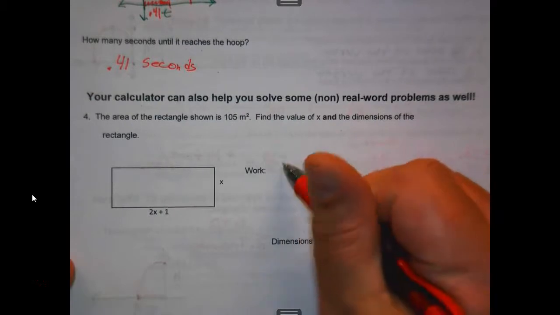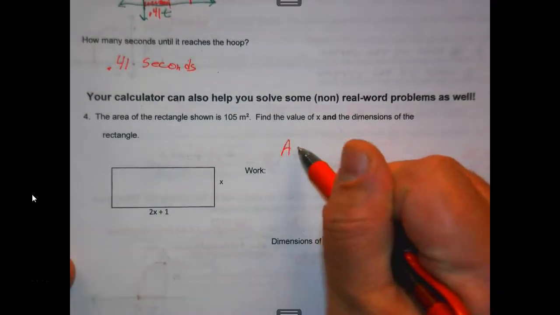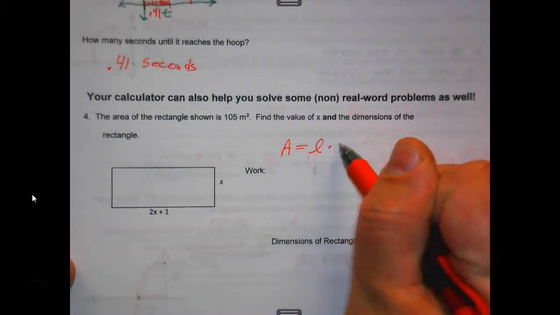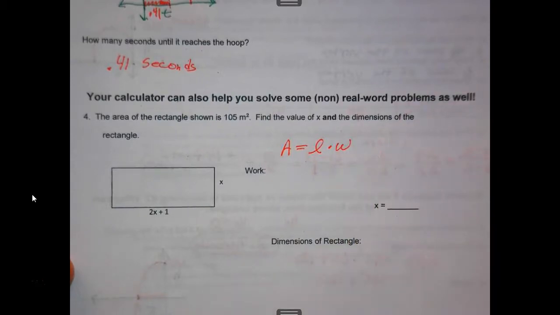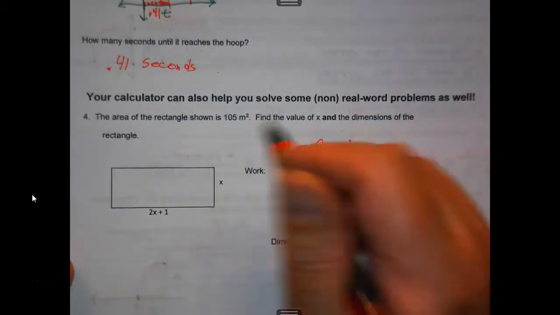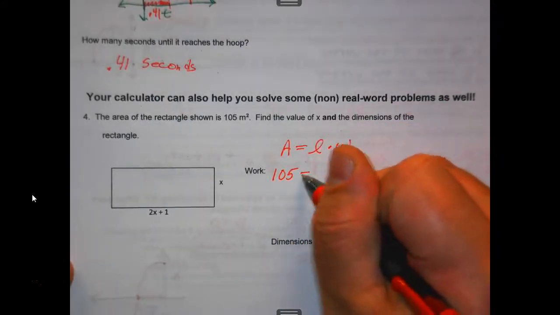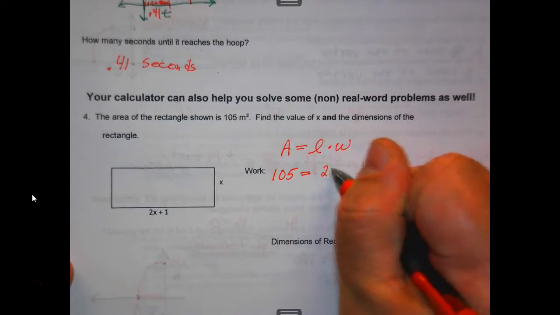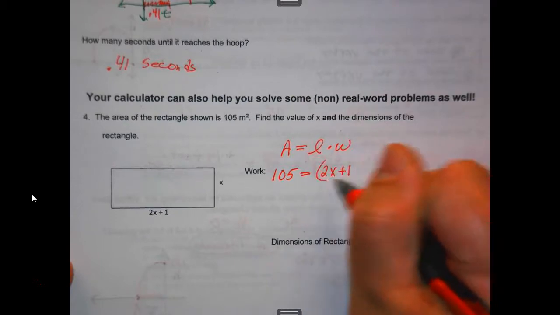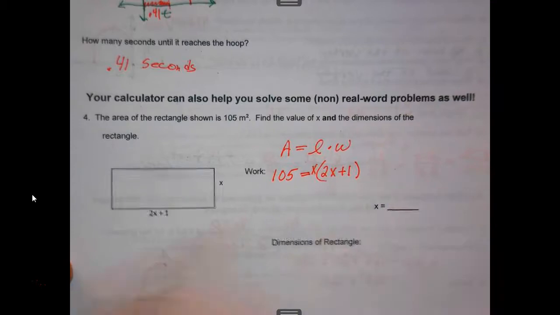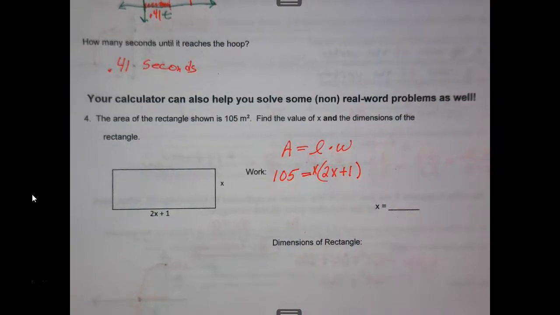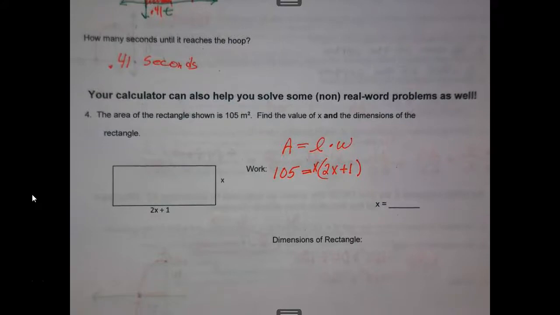Well, we know what the area of a rectangle is, right? Length times width. Okay? We know the area to be 105 meters squared. That equals our length, 2x plus 1 times our width, which is x. Now, I'm assuming that they want us to solve this like a quadratic model.